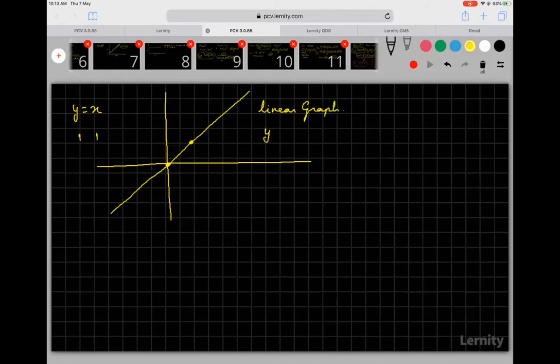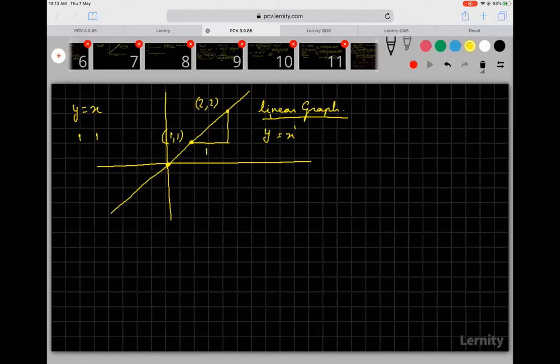Whenever y is equal to x power 1 or anything with x power 1, it's a linear graph. So this is the point 1, 1. This is the point 2, 2. I see a nice triangle.